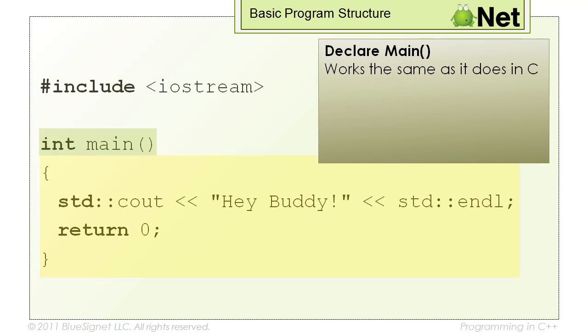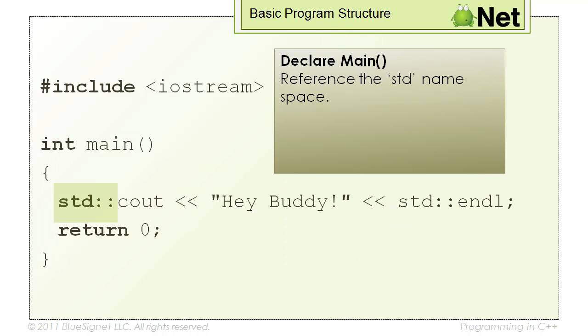So just like in C, we have our main function declaration, and the code block below it. There's nothing different, it works exactly like C. We discussed namespaces before. This std:: is a reference to the standard namespace.